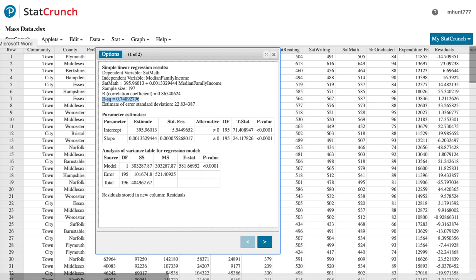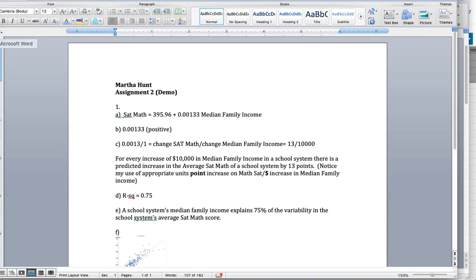So let's go to the assignment. As I prepared this demo assignment, I copied and pasted the regression equation, but I only kept 2 or 3 decimal places.